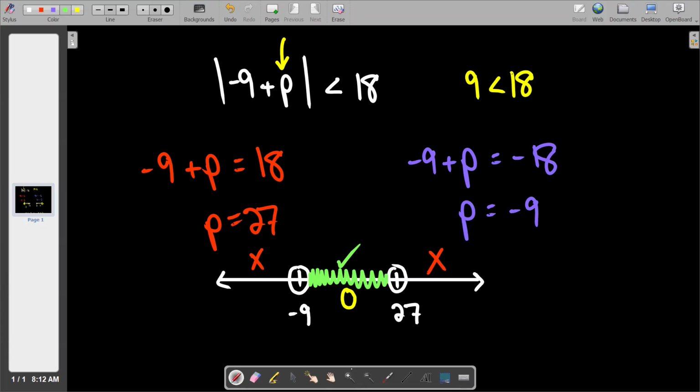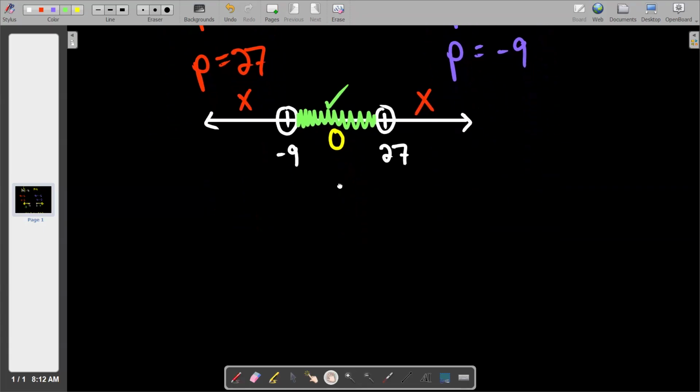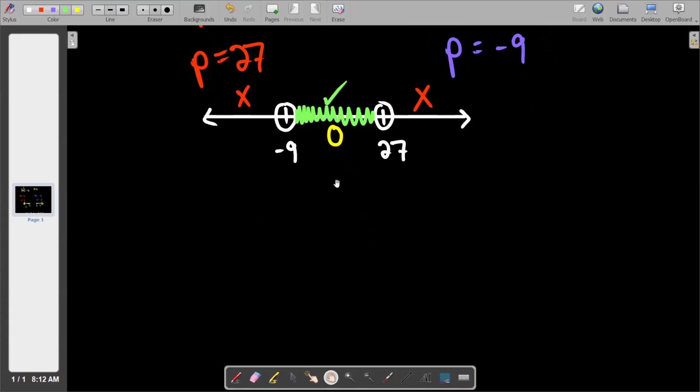Now I'm going to write the solution. And I do not want you using the word "and" for these particular types of graphs, okay? So what we're going to use instead is the compound inequality notation that basically says, okay, -9, you're my left boundary, 27, you're my right boundary, and p, you're in the middle. Just like this. You only have to write one answer because it counts for 2. And to get you through this, remember that your Pac-Mans on these will always waka waka to the east.